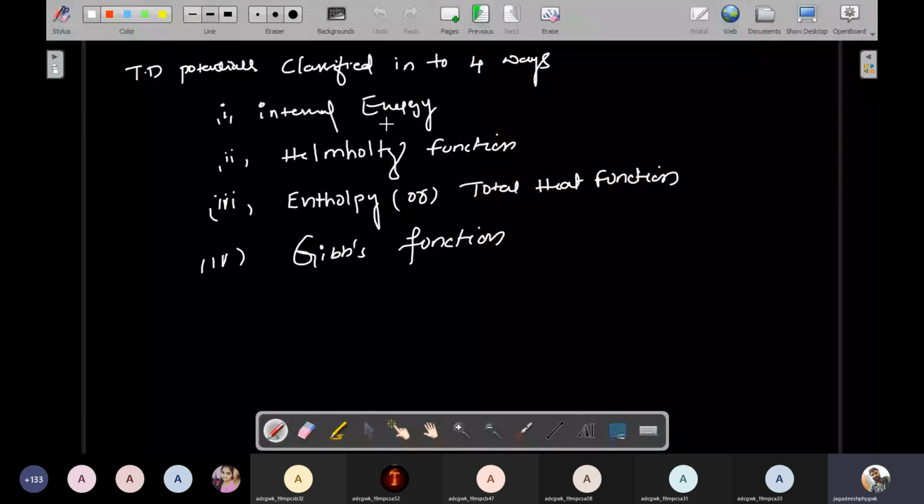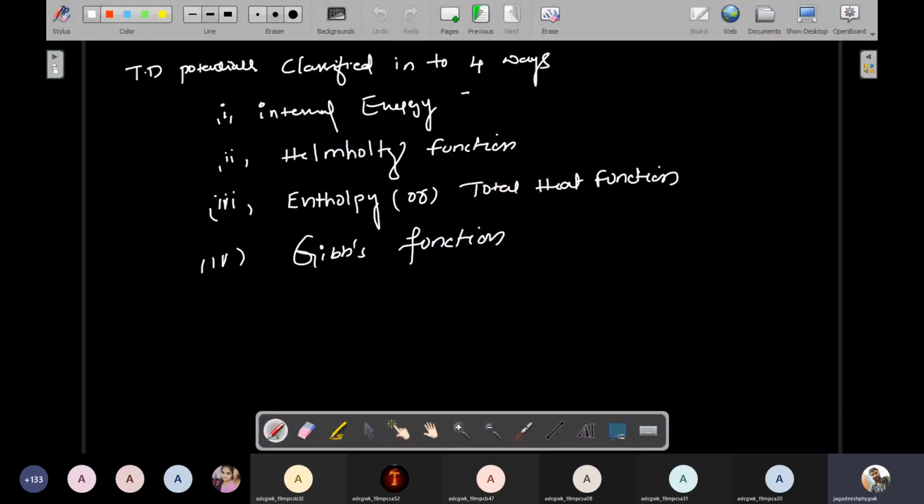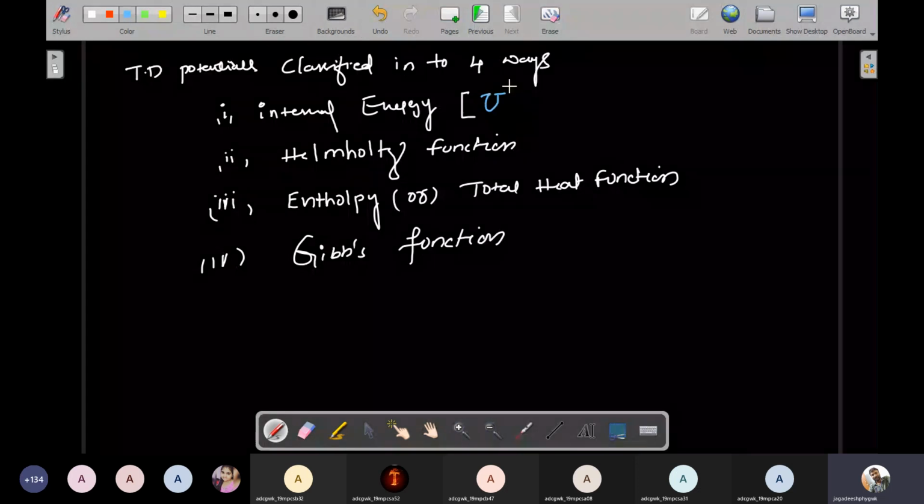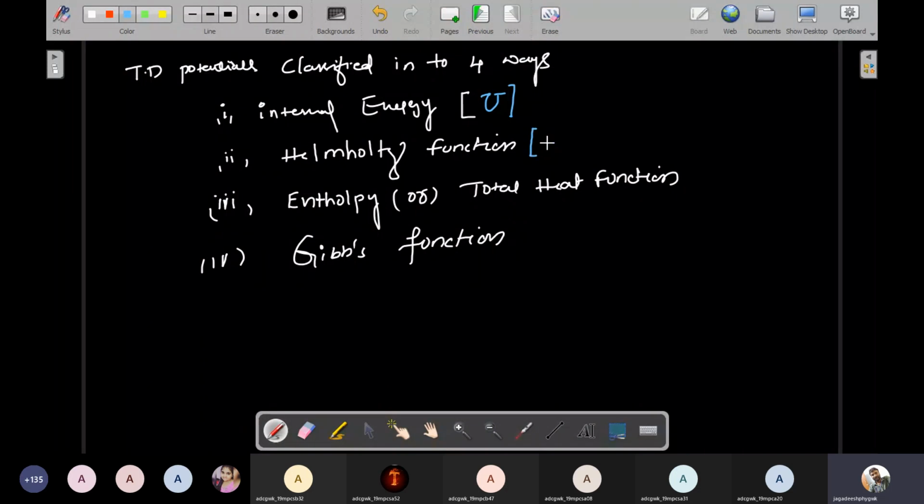The first one is internal energy, which is denoted by capital U, the Helmholtz function is denoted by capital F, enthalpy is denoted by capital H, and the Gibbs function is denoted by capital G. These 4 relations are very important to describe any thermodynamic system.